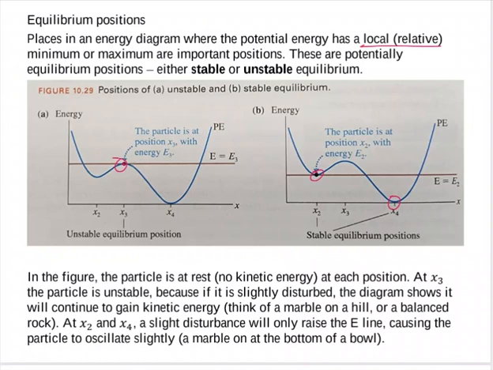A slight disturbance only raises the ball up to here. So if we were at X4, a slight disturbance, maybe it pushes us up to here or here, but right away we come right back down. Okay, no problem. Up here, a slight disturbance pushes us to one side or the other, and immediately we fall. Okay, that's a big problem. So the unstable equilibrium, it is equilibrium, but with a slight disturbance we're done.